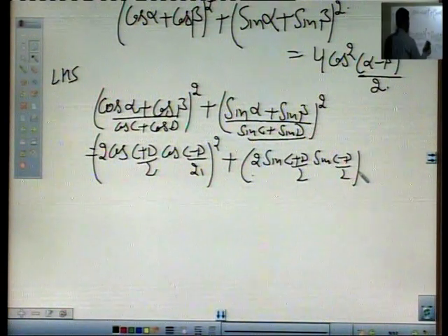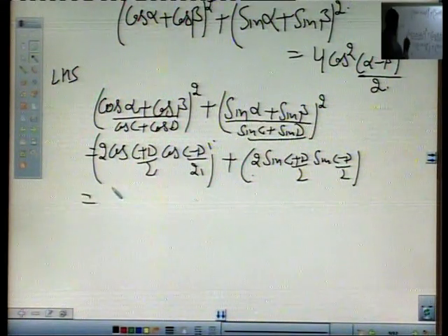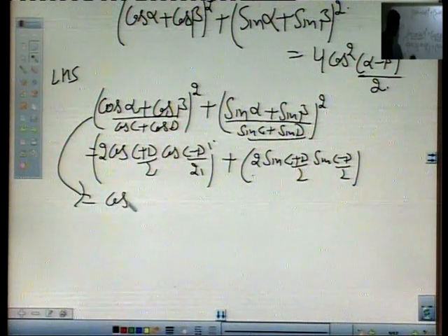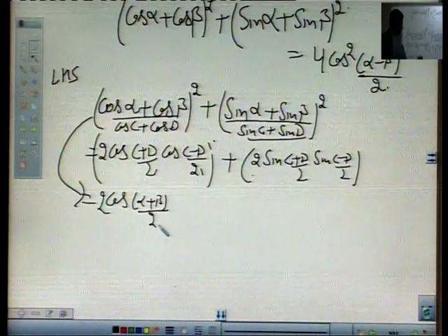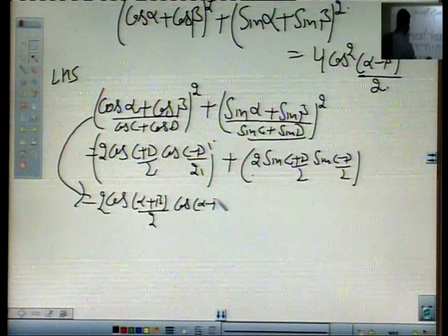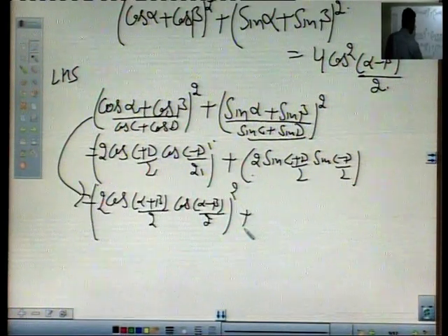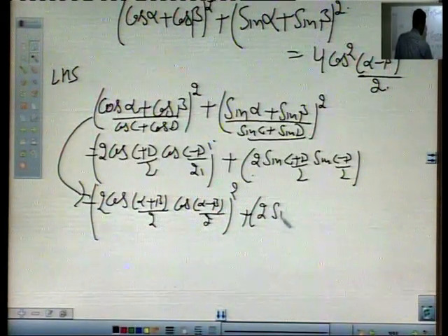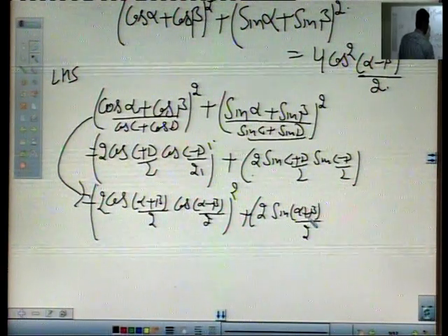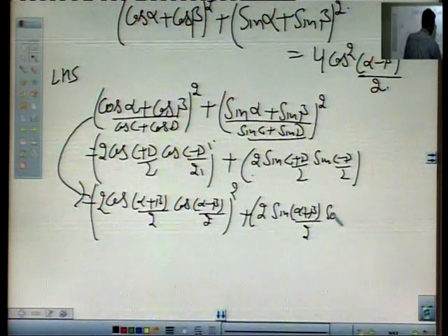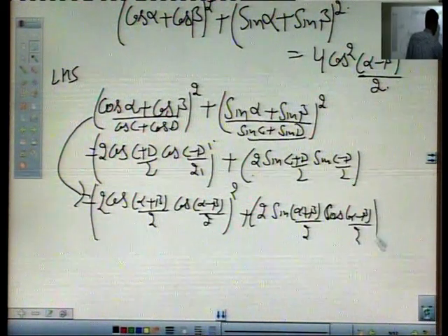So using these two equalities, we have cos of alpha plus beta by 2 cos of alpha minus beta by 2 whole square plus sine of alpha plus beta by 2 cos of alpha minus beta by 2 whole square.